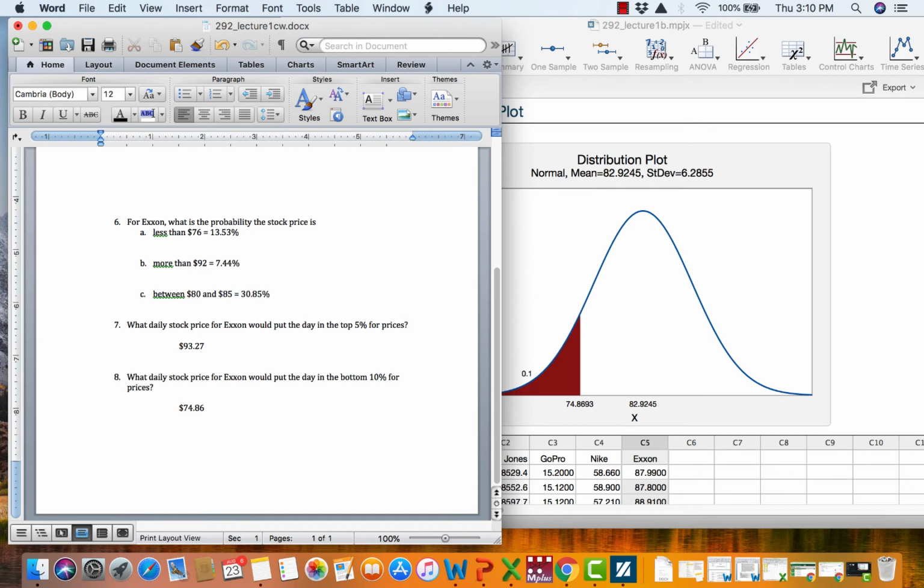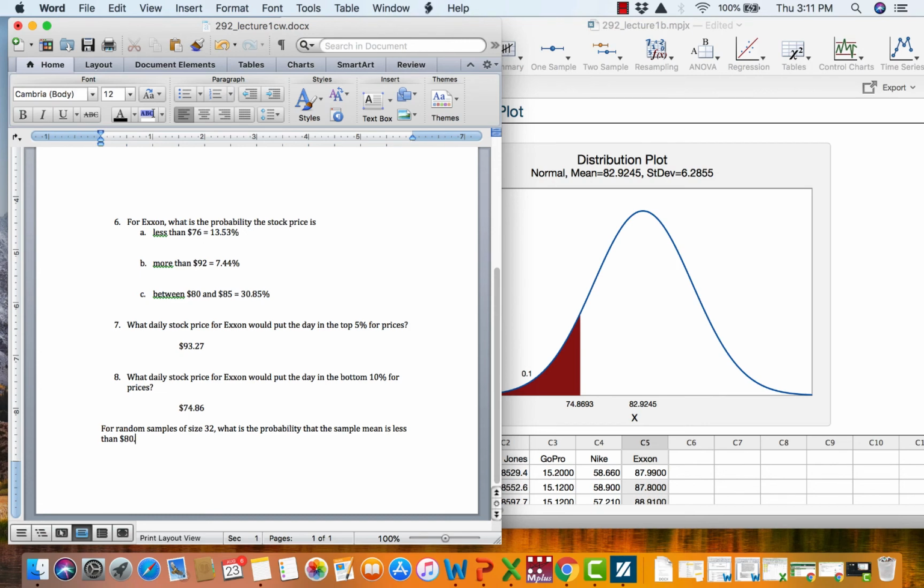All right, and let's do one more, making it up on the fly here just to practice central limit theorem. For random samples of size, let's say 32, what is the probability that the sample mean is, let's say, less than $80?